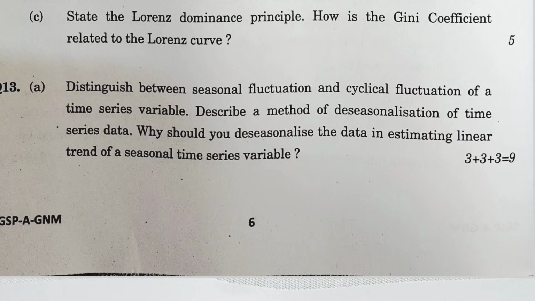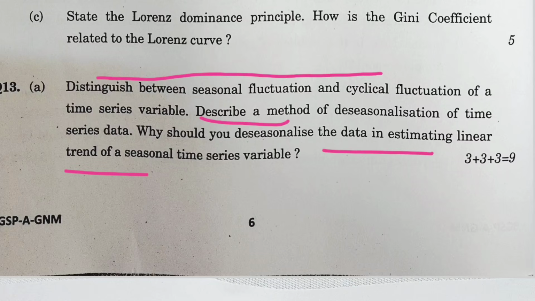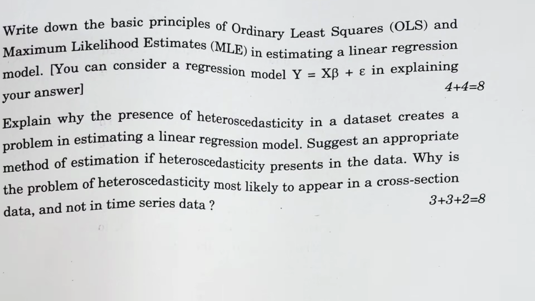Then the question is distinguish between the seasonal fluctuation and cyclical fluctuations of a time series variable. Describe the methods of deseasonalization of the time series data. Why would you deseasonalize the data in estimating the linear trend of the seasonal time series variable?